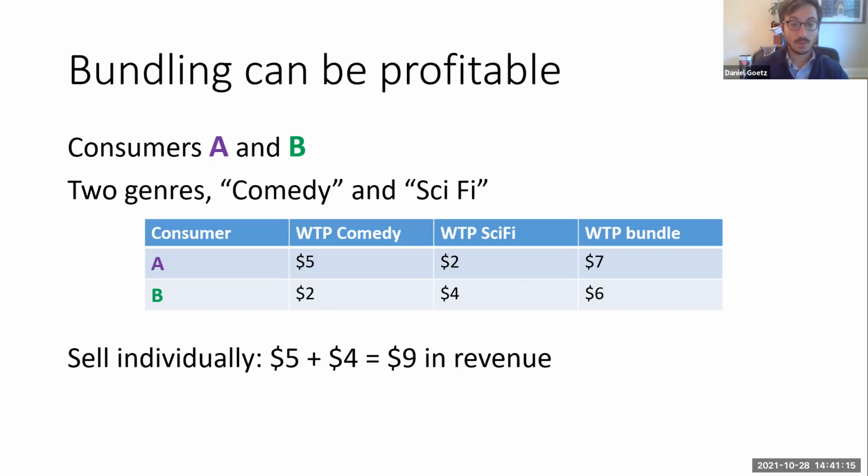Six plus 6, right? So we have two options. We could sell at $7, the whole bundle, and just sell to consumer A. Or we could sell at $6 for the whole bundle, and then we would sell to A and B. And so, of course, we're going to sell at $6, sell to A and B, and we're going to make 12. 2 times 6.